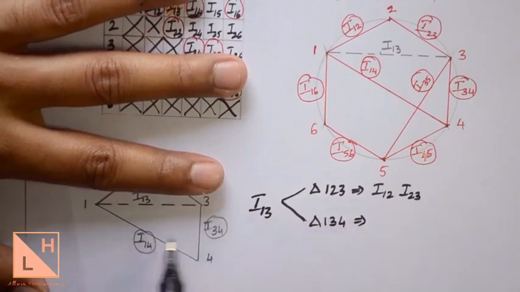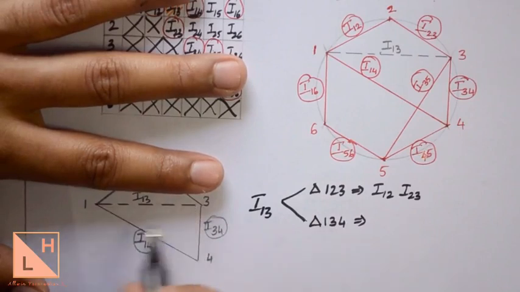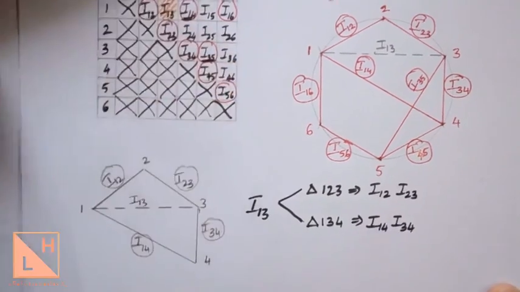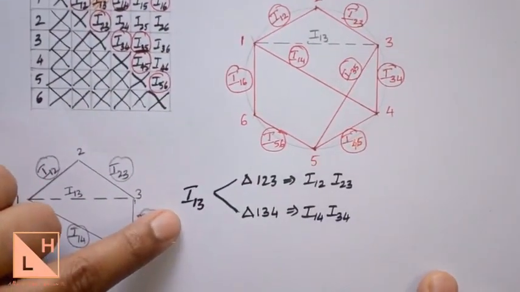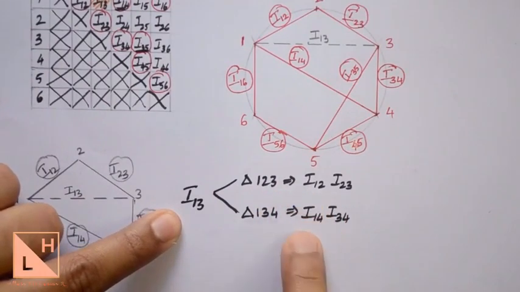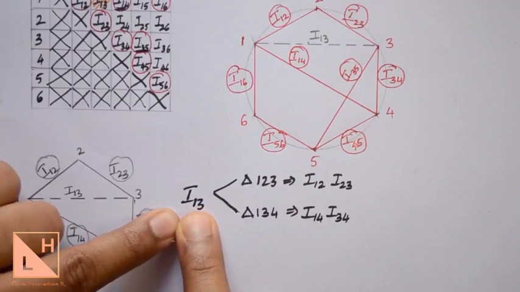The two edges in this triangle apart from I13 are I14 and I34. Now to get the intersection for I13, we have got two instantaneous centers; join them together and extend it. Where those two lines intersect, there you will find the point I13.